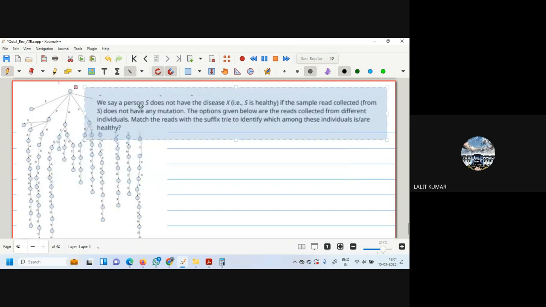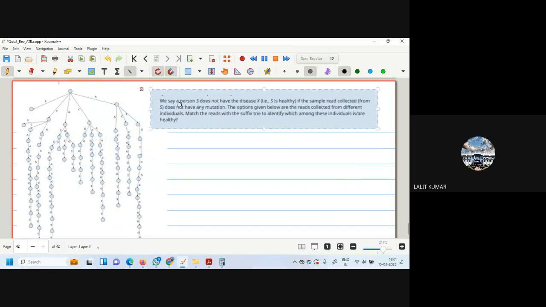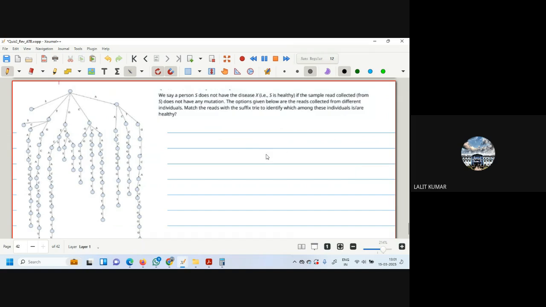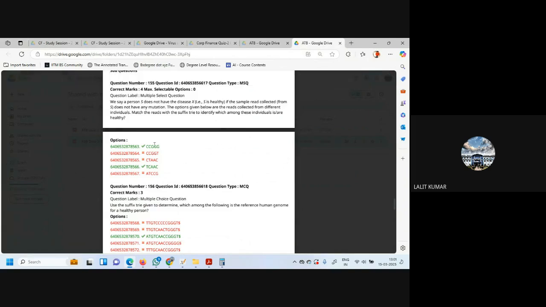We say a person S does not have the disease, that is healthy, if the sample read collected from S does not have any mutation. This is the important part to understand. Does not have any mutation means it should match. If it matches, then only he is healthy. So if it matches, then he's healthy. Now let's check one by one which are matching and which are not.